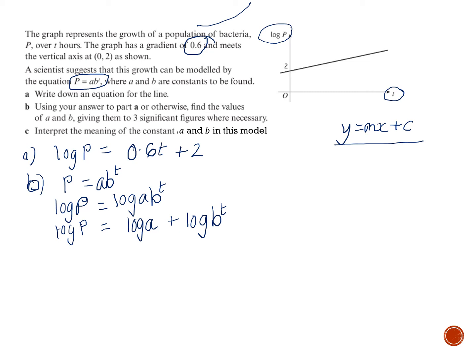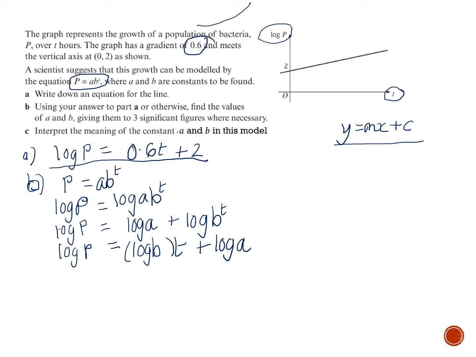And then let's do our power law and bring down the T. And I'm also going to write it in the order so I can compare it with that one. So log P equals, if I bring the T down, log of B times T, and then plus log of A.